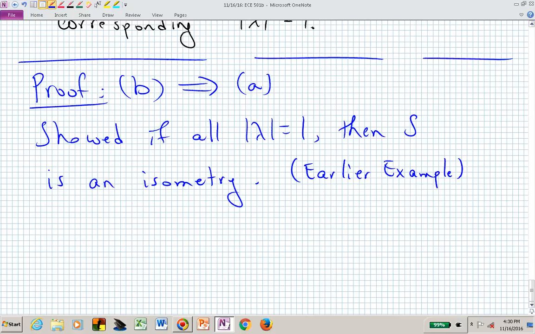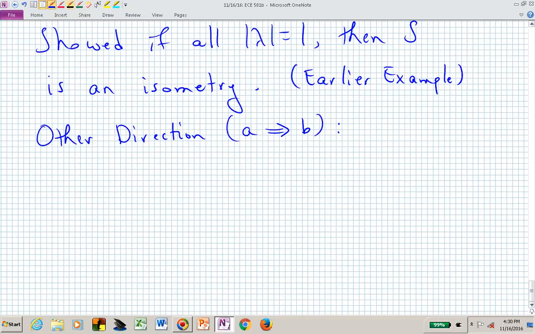For the other direction, when A implies B, statement-wise, we can now assume A, which is assume S is an isometry.